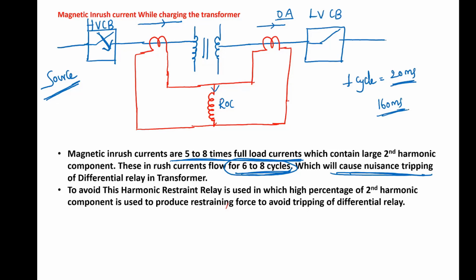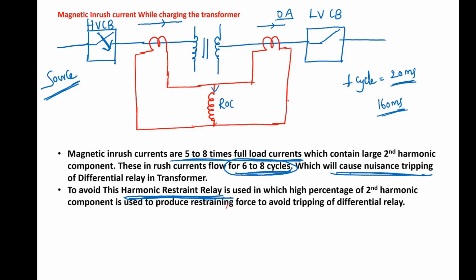What they do is use a differential relay along with some restraint force. This is called a harmonic restraint relay. That means the same differential relay will have additional capabilities. So how does this harmonic restraint relay differentiate between magnetic inrush currents and fault current?